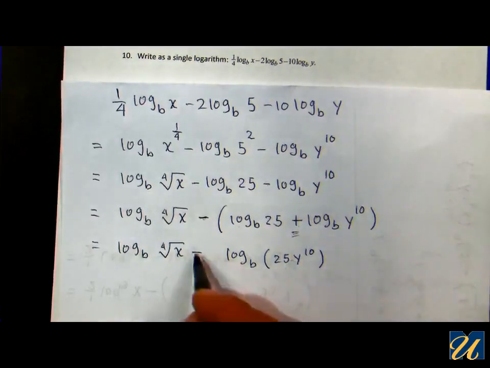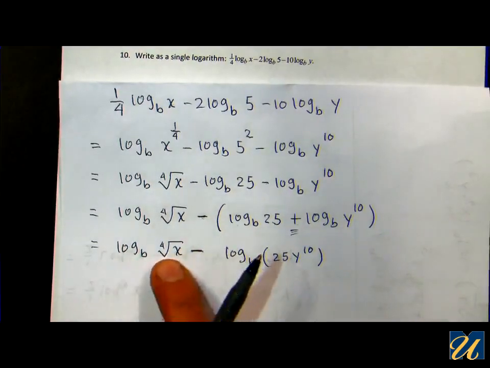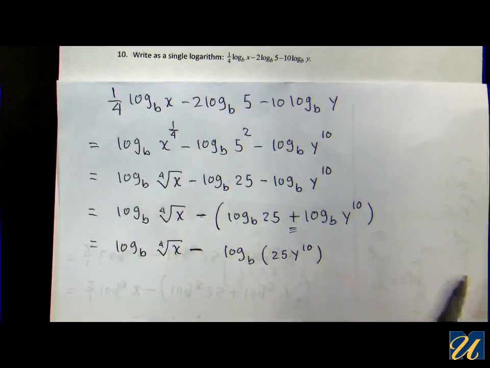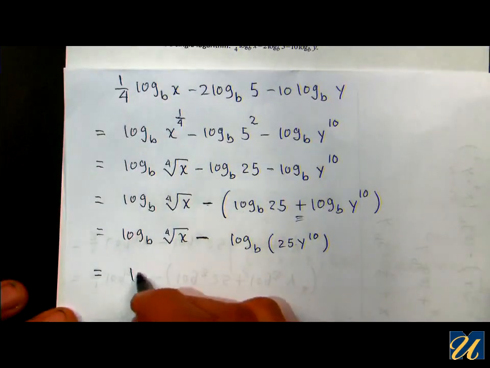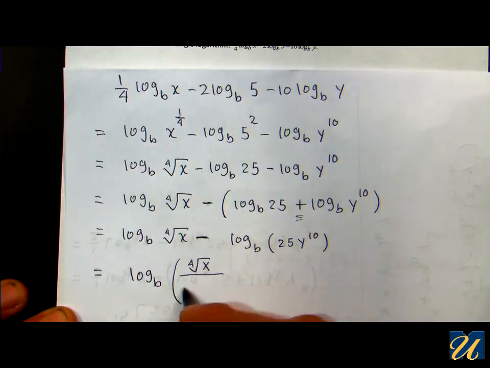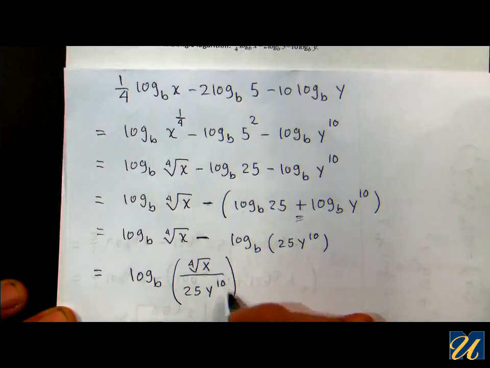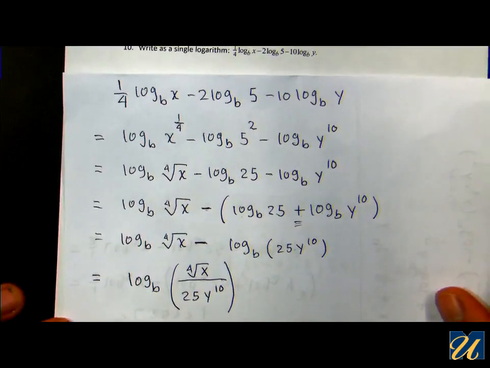Now I see a minus sign there. Log of m minus log of n. So this now can be rewritten as the quotient. So this is log base b of the 4th root of x, all divided by 25 y to the 10, like that. And now we have it finally condensed all the way to a single logarithm.